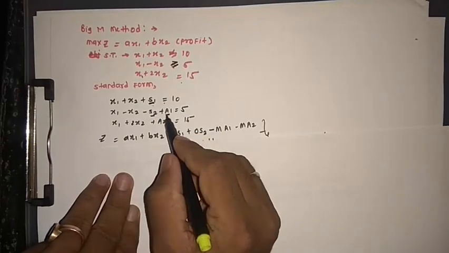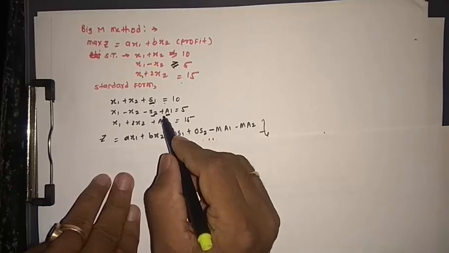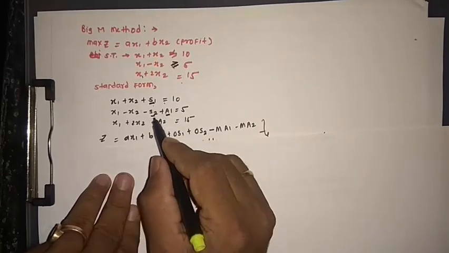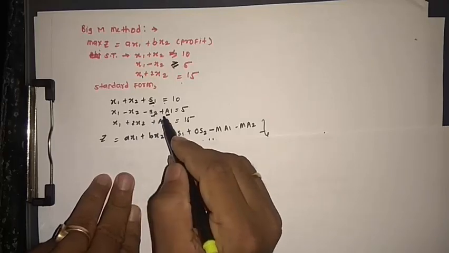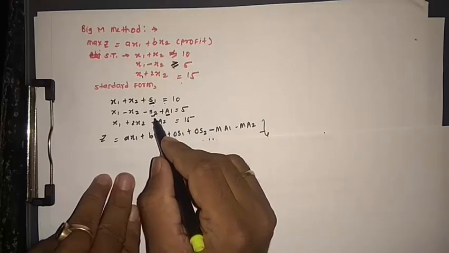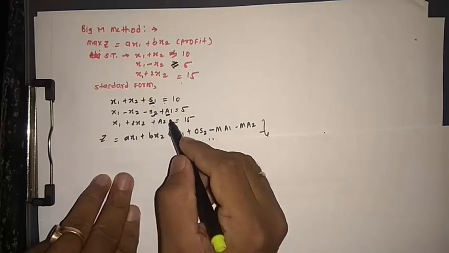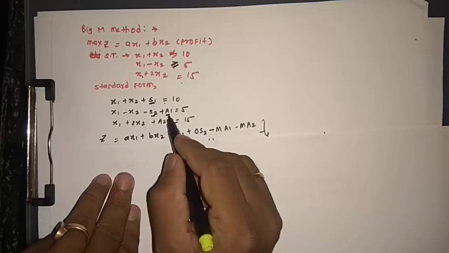So we add an extra variable in this case. S1 is called a slack variable and s2 is called a surplus variable. In the case of the surplus variable, I add a1 as the artificial variable. Why add the artificial variable?